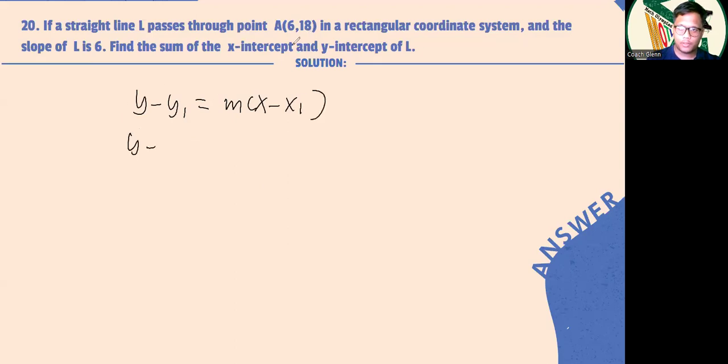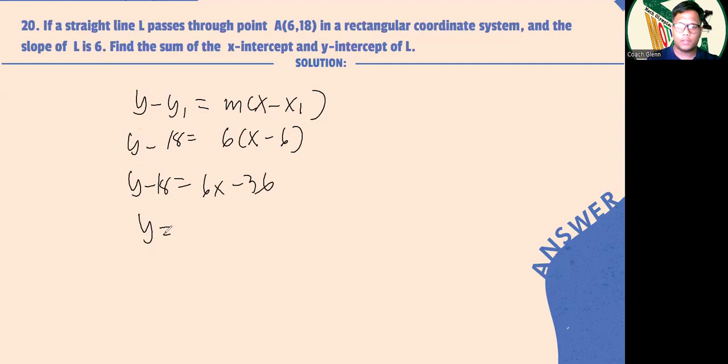Your y sub 1 here is 18, your slope is 6, and x sub 1 is also 6. Just simplify this: y minus 18 is equal to 6x minus 36. So y is equal to 6x minus 18. Now we solve for the intercepts. We start with the x-intercept first.